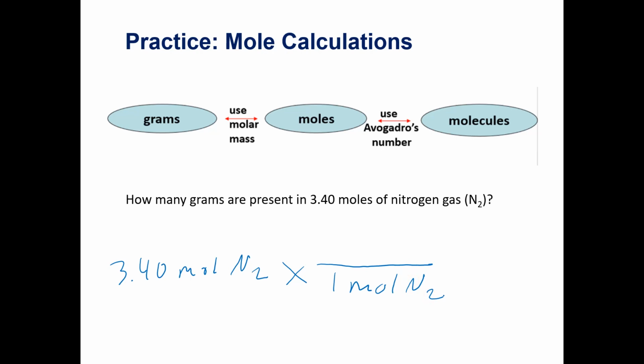So if we look up the molar mass of nitrogen, it's 14.01 grams per mole. If we multiply that by 2, it comes out to 28.02 grams of N2. So if you put into your calculator 3.40 times 28.02, that comes out to 95.3 grams of N2.